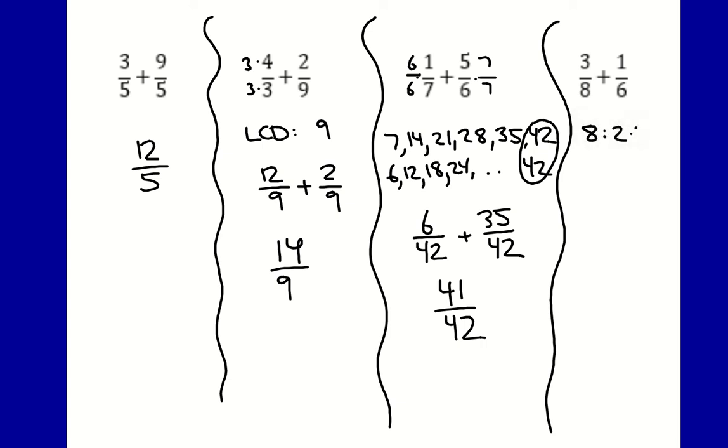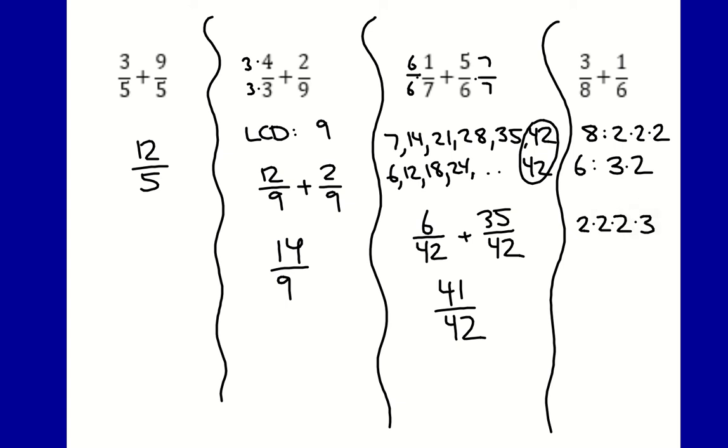So 8 would be 2 times 2 times 2, and 6 would be 3 times 2. And then I need a denominator that will cover the 8 and cover the 6. In other words, for the 8, I'm going to need 2, 2, and 2. But then to cover the 6, I've already got the 2 there, so I would just need the 3.